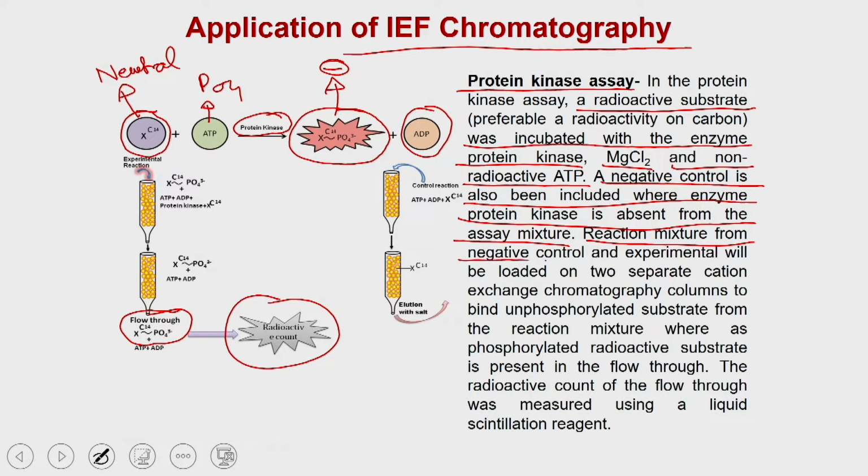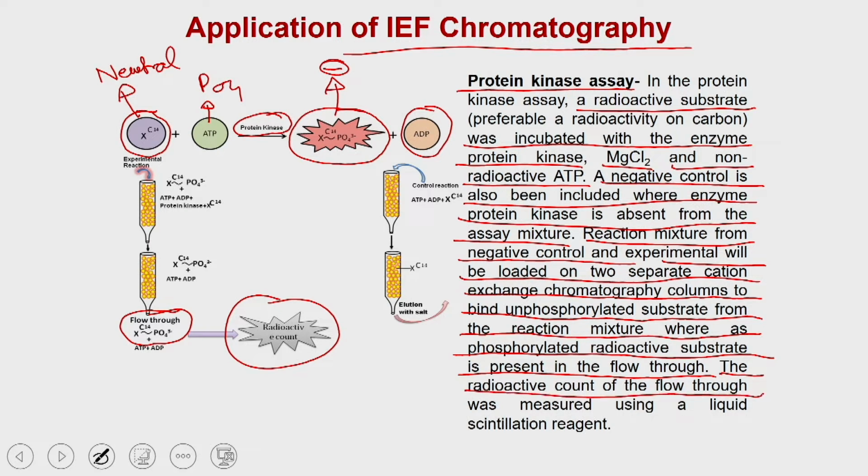The reaction mixtures from the negative control and the experimental are loaded onto two separate cation exchange chromatography columns to bind the unphosphorylated substrate, whereas the phosphorylated radioactive substrate is present in the flow through. The radioactive count of the flow through is measured using a liquid scintillation reagent.